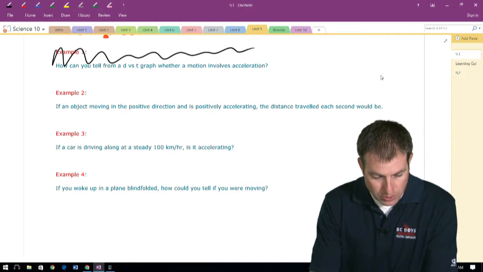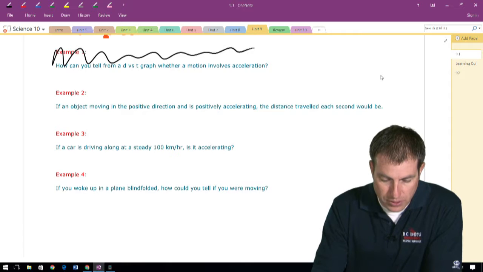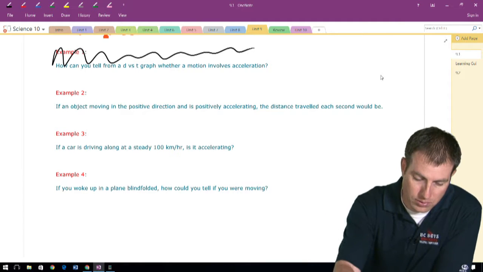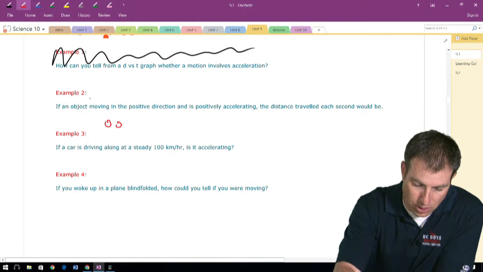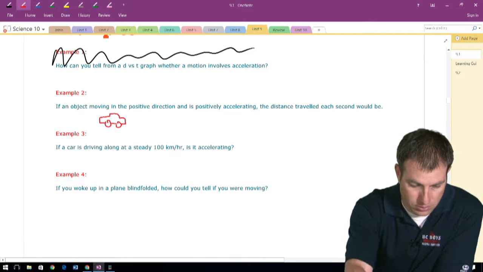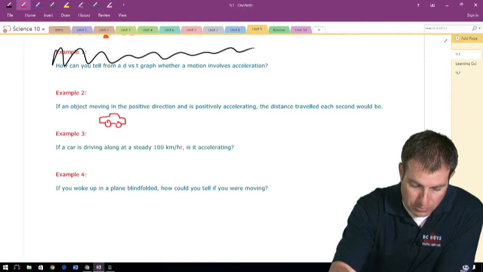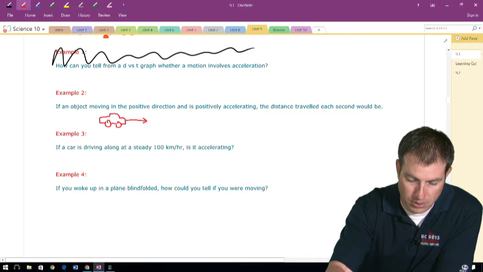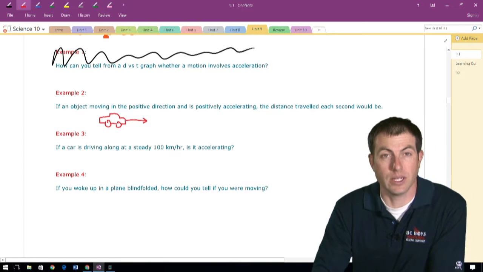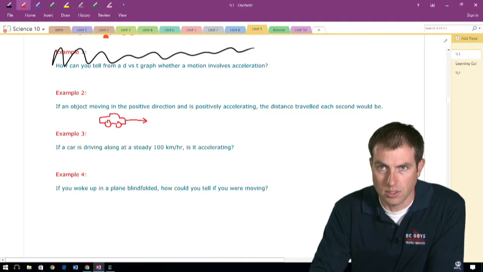So let's just start with example number 2. An object moving in the positive direction is positively accelerating. The distance traveled each second would be... So if you have some sort of object, like a car or a ball, I'm really good at drawing cars, so I always use cars. It's traveling in the positive direction, so we'll call that positive. And it's accelerating, so it's increasing its velocity.